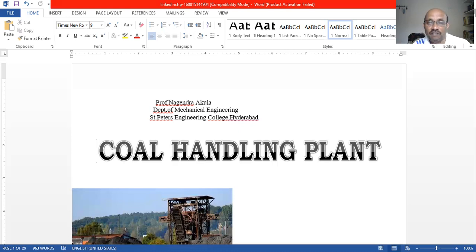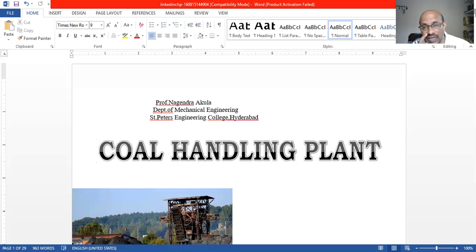Another thing, a flight conveyor: we are not keeping that conveyor belt level on the ground. We maintain some height for that conveyor belt, so we call that a flight conveyor. So we know the belt conveyor: belts are there with rollers.